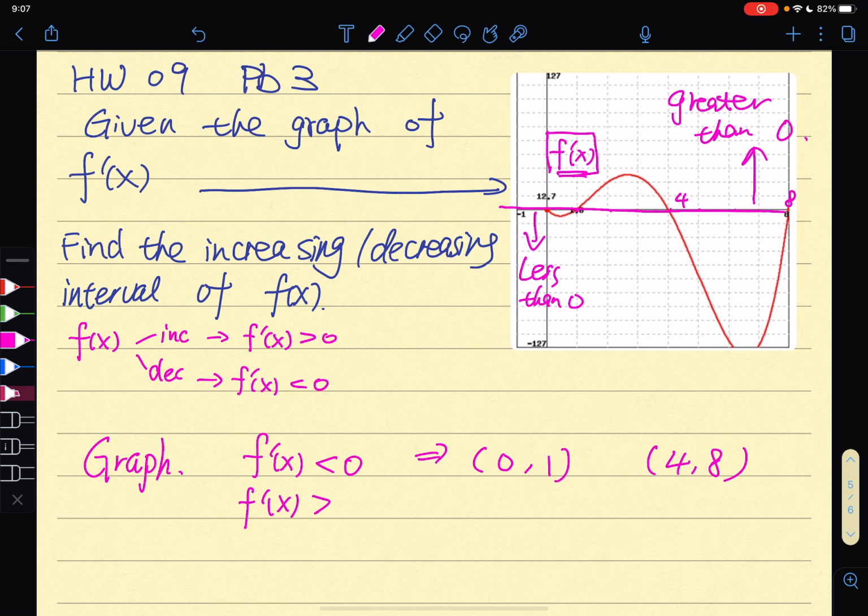And along the same line of thinking, this function is above the x-axis between 1 through 4. That is to say, f prime of x is greater than 0 between 1 and 4.